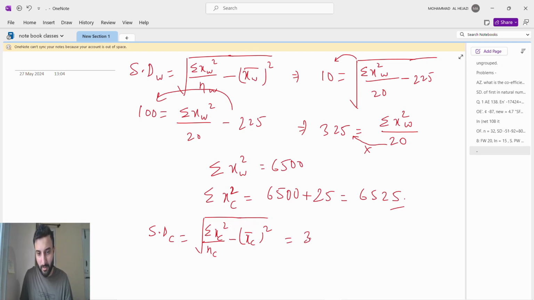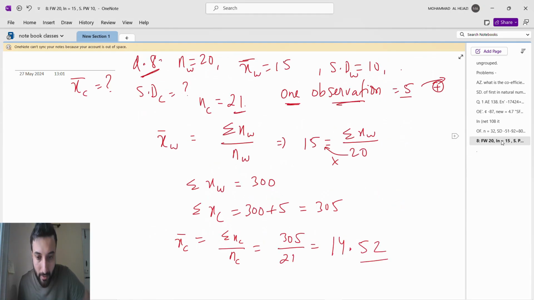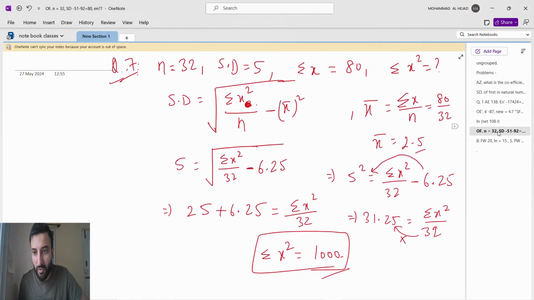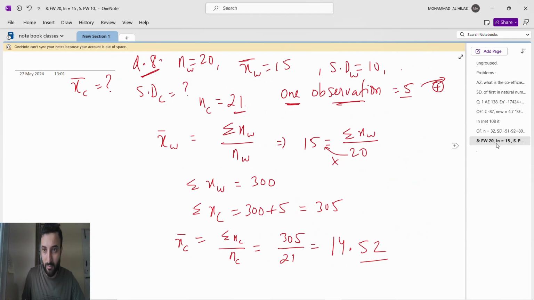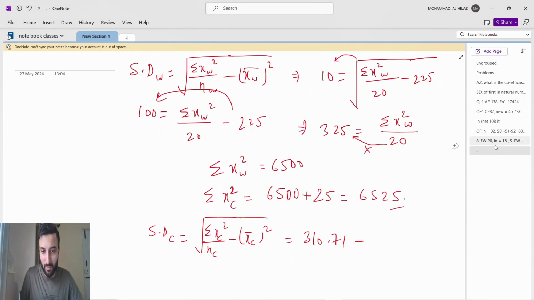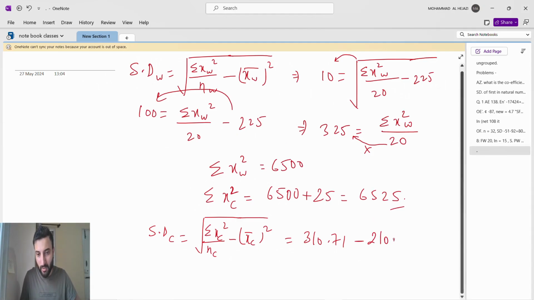So it will be 310.71 minus correct x bar, which is 14.52, into 14.52, which is 210.83.